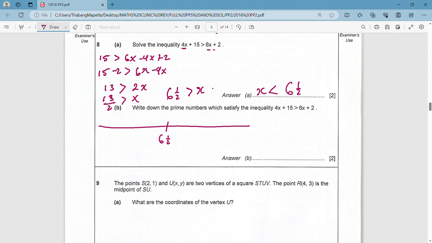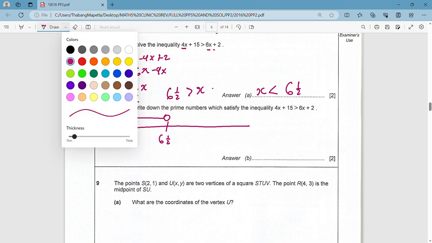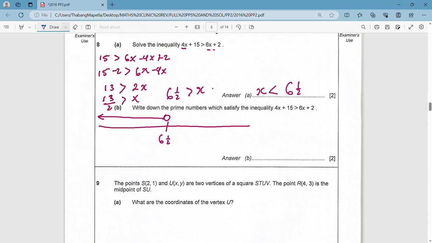It says that x is smaller than 6.5, which means from here going to the left I'm going to find my x. So this is going to be the region for x. Now I'm looking for prime numbers which can fall within this region. So 6.5, we have a 6 somewhere here, then a 5, and then a 4, a 3, and so forth.